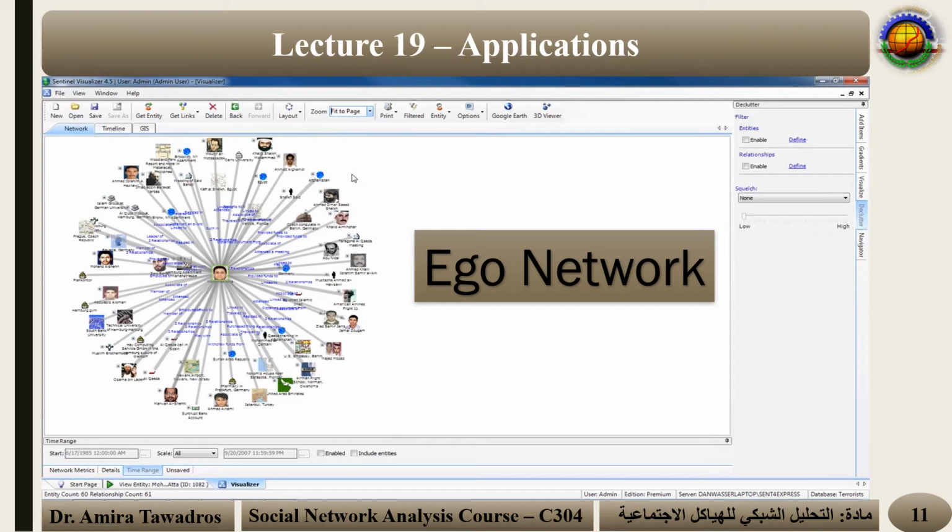So, for example, if you want to draw the network of your friends on Facebook, just your friends, not friends of friends, you will be located in the middle, and then a link appears between you and your friends. So all your friends will be around you, and you will be the center of the network. This network is called an ego network because it represents the personal links or social ties for just one person.